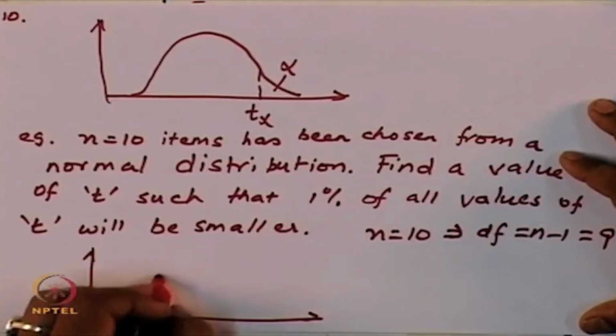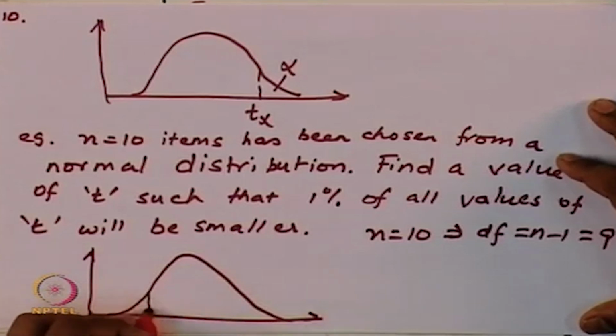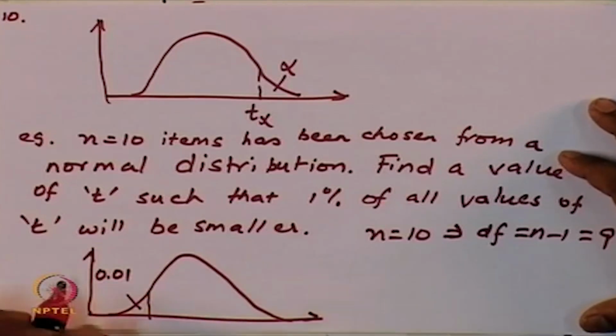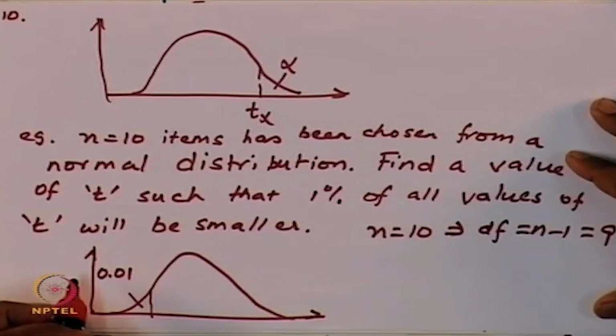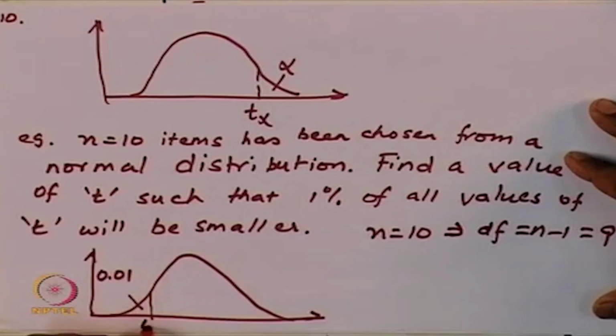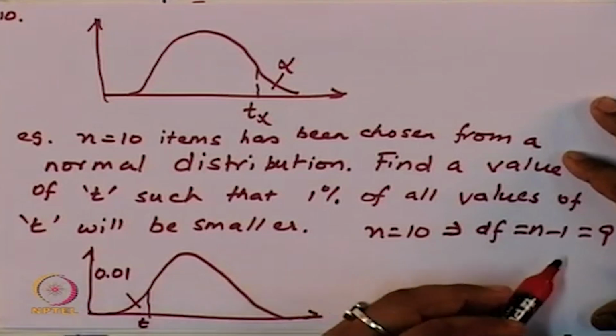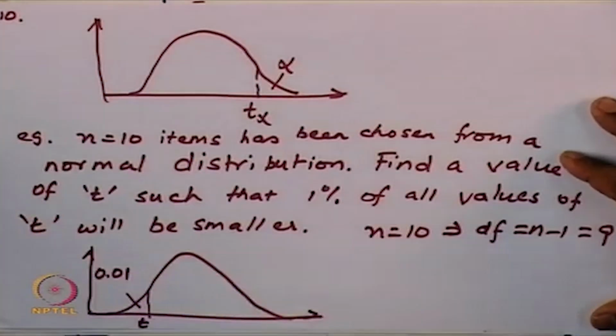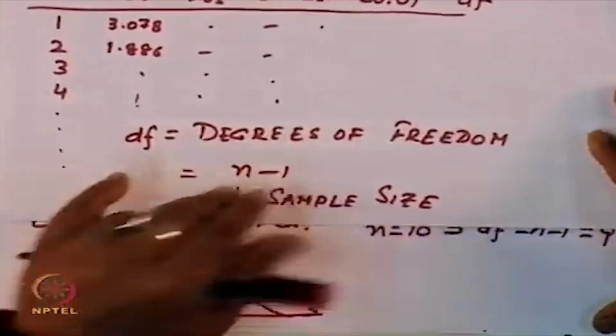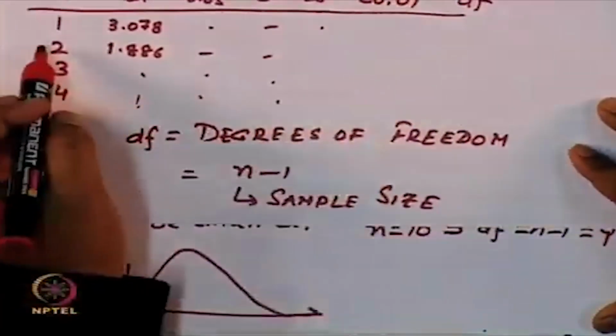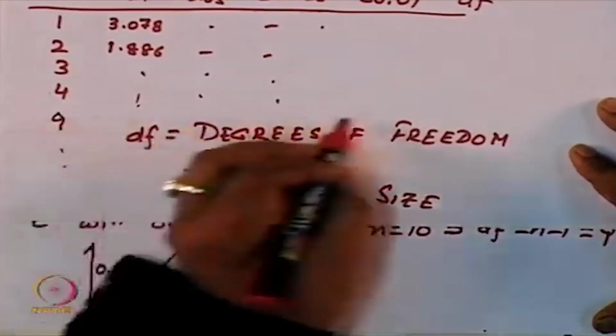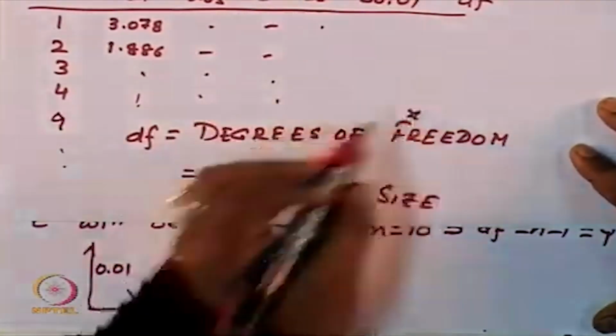So, if I draw this distribution, 1% corresponds to 0.01. I want to find the value corresponding to this particular value of t, for df equal to 9. So, as we have plotted, corresponding to 0.01 and df equal to 9, we find out what is the value of t.